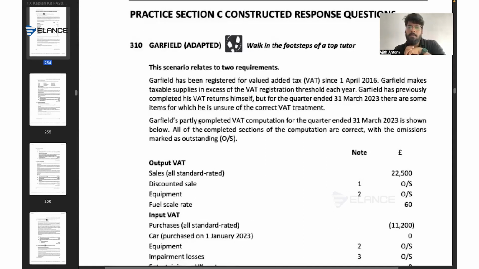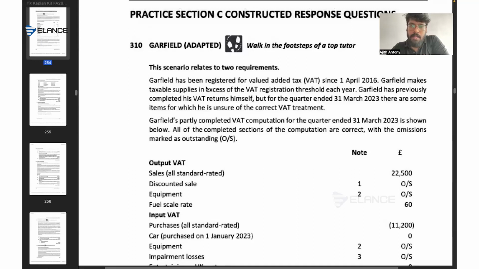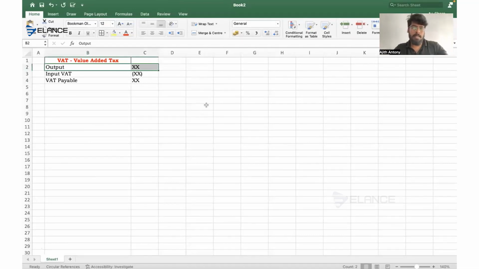Garfield has been registered for VAT since 1st April 2016. So here there's a term: Garfield has been registered for VAT. The company is registered for VAT. A VAT registered trader is able to collect the tax from the customers. We already mentioned that the output VAT is the amount collected from the customers at the time of selling any goods or services.